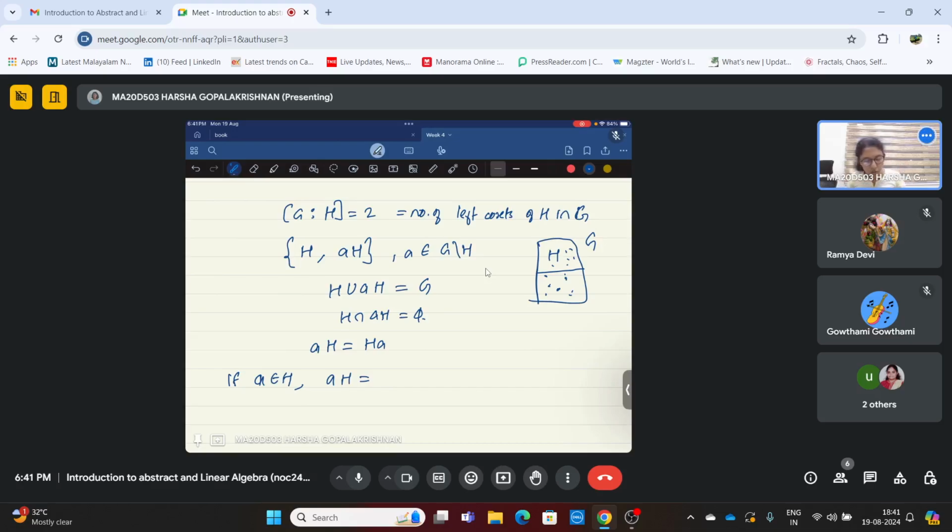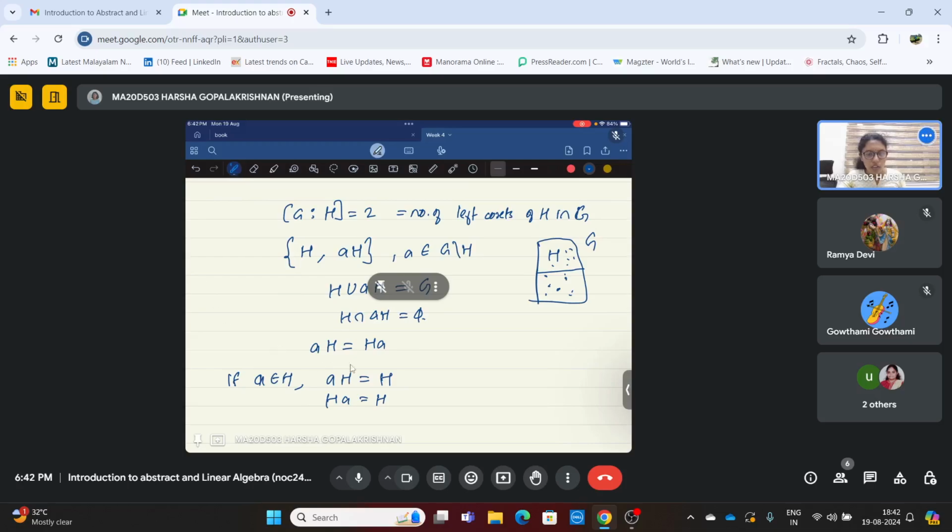So aH should be equal to H. In the same way, Ha should also be equal to H, right? What is Ha? Ha means the set of all ha. h and a are coming from H only. Since H is a group, Ha should be equal to H only.